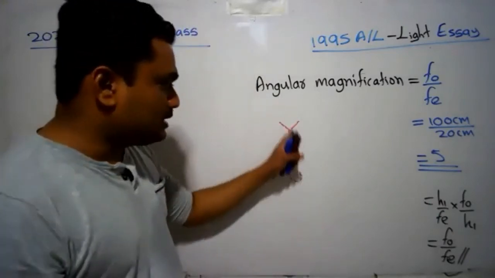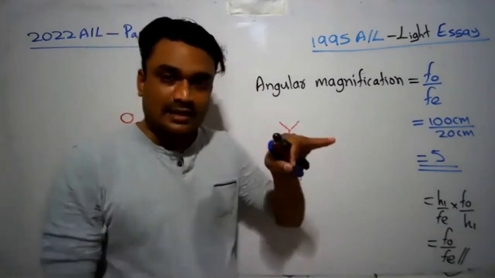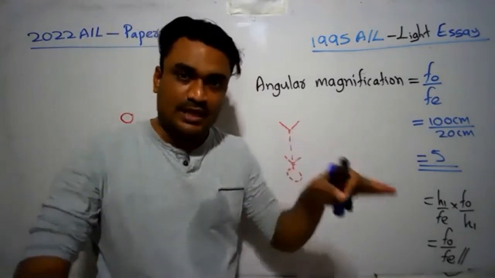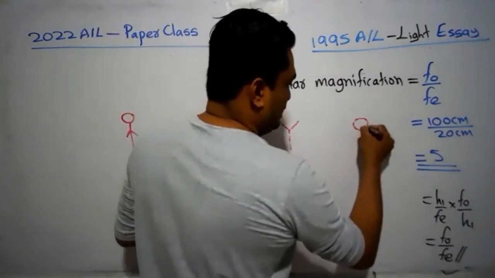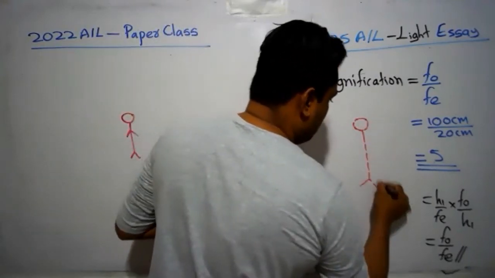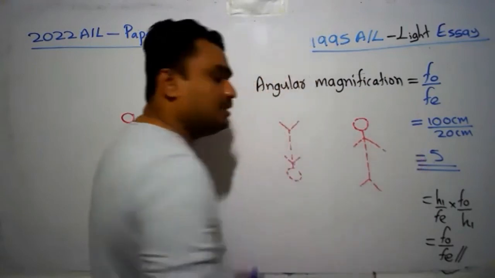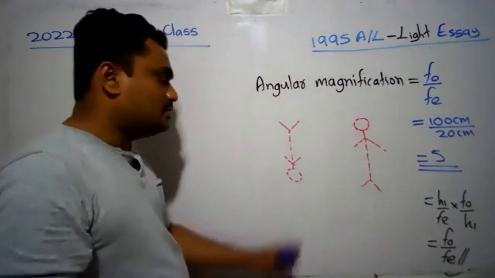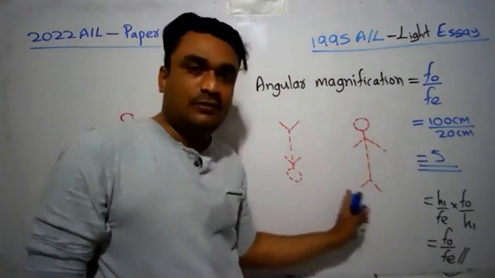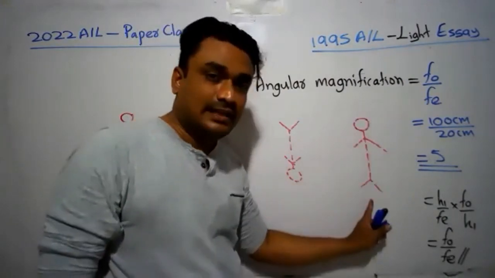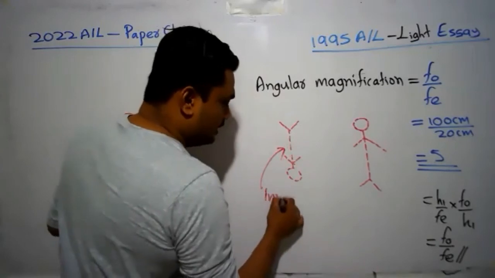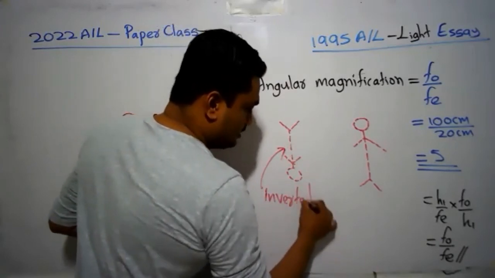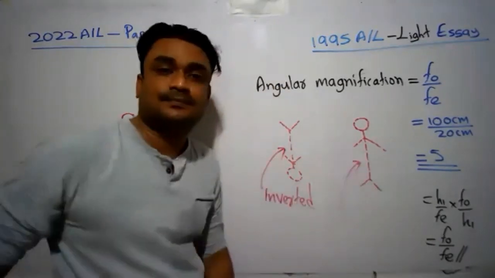By using the third lens, the final image will be erect. So the human will be seen like this. This is the thing done by the third lens, right? It's comfortable for our eye to see a human like this than this. This is said to be inverted, and this is said to be erect.